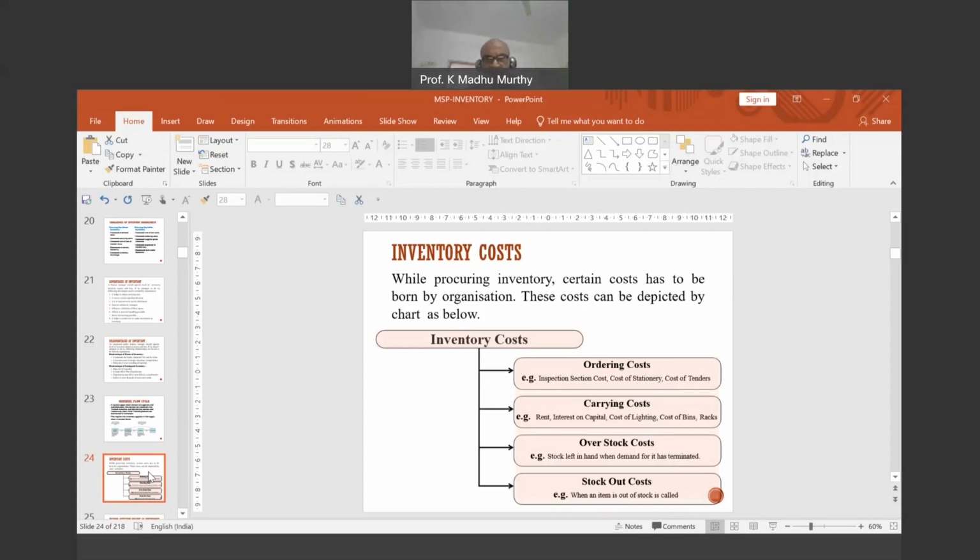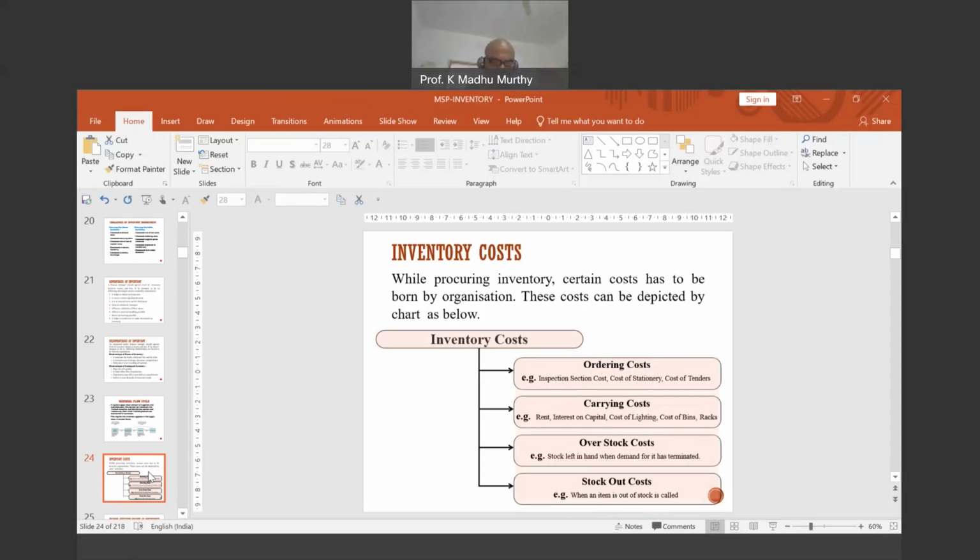Having an idea about these costs is important while making decisions that affect the inventory size. Not only the size, the following costs that we have shown here have to be understood in the perspective of cost minimization. And let us try to see what we have to consider in order to optimize some of these costs.